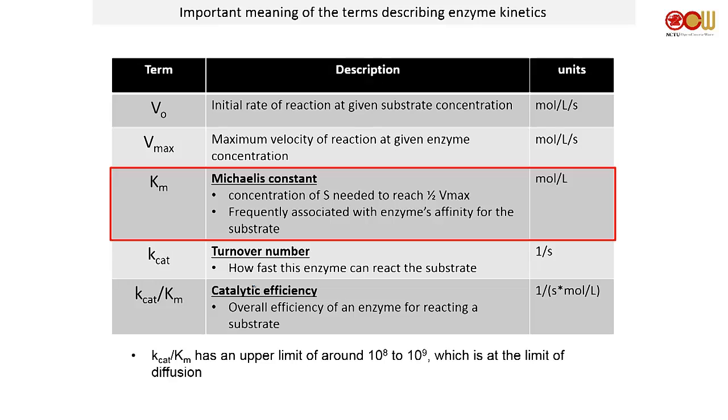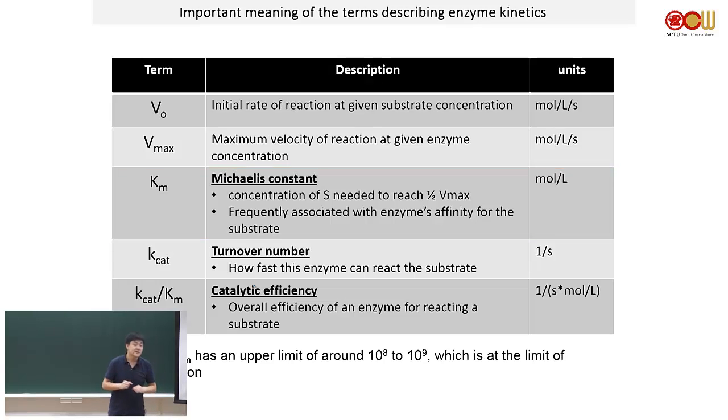Km is called the Michaelis-Menten or Michaelis constant, and typically it is associated with the enzyme's affinity for the substrate. Just like hemoglobin or myoglobin. Remember we said myoglobin binds oxygen very tightly, so we were looking at the KD for myoglobin.